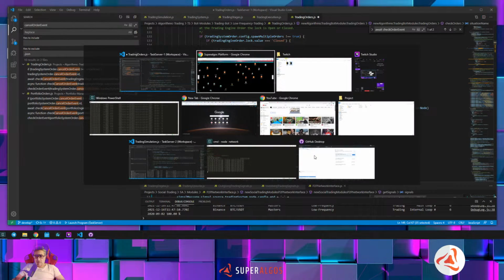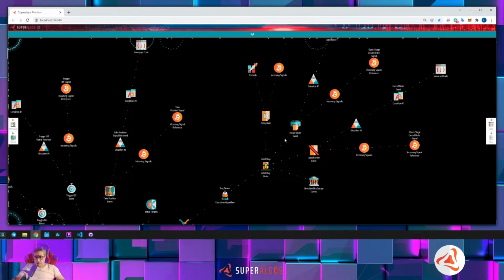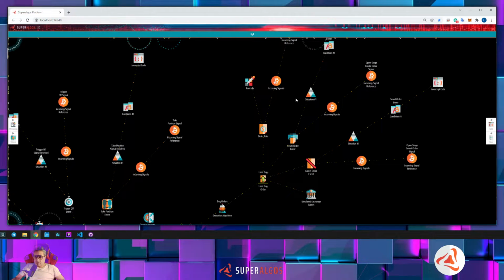Okay, we're talking of the trading system order, which refers to this node, and create order event is this node from here. So I'm going to send this, and it's going to evaluate all the conditions that are found in this inner structure.